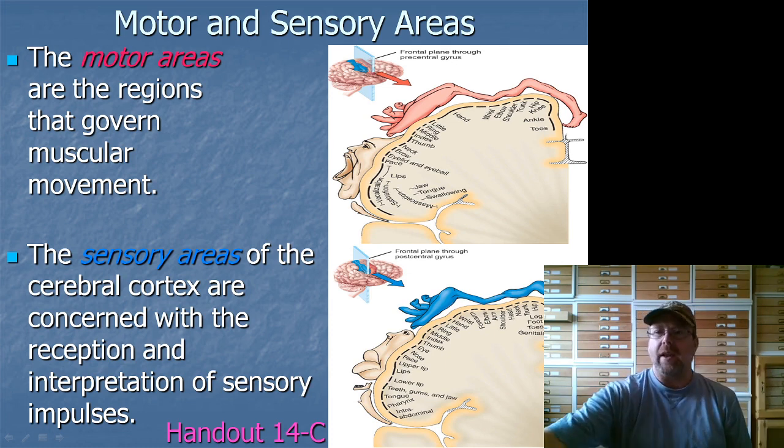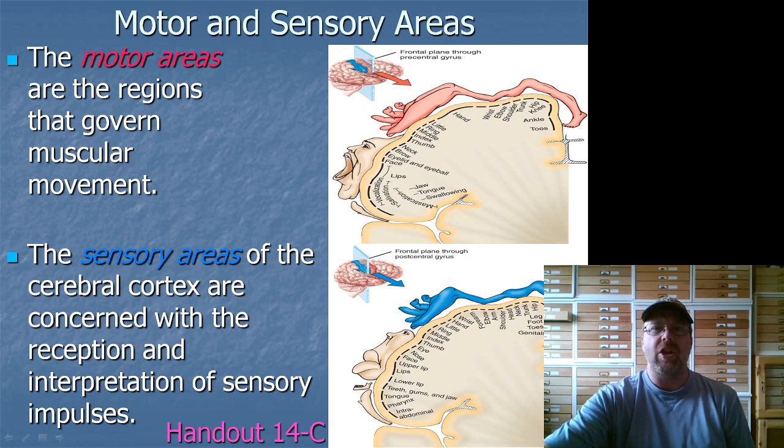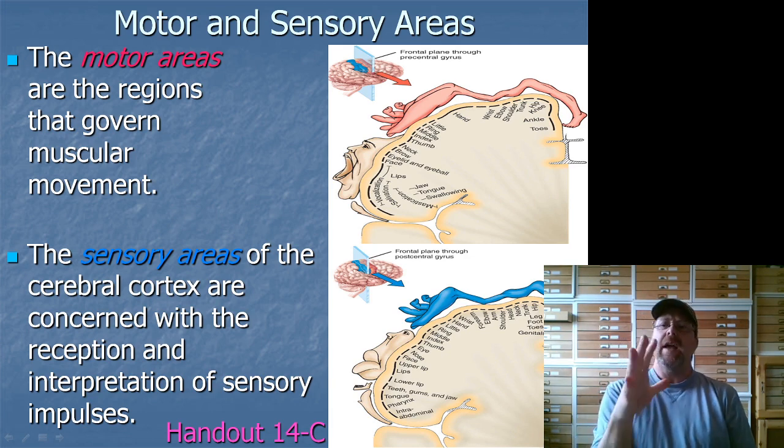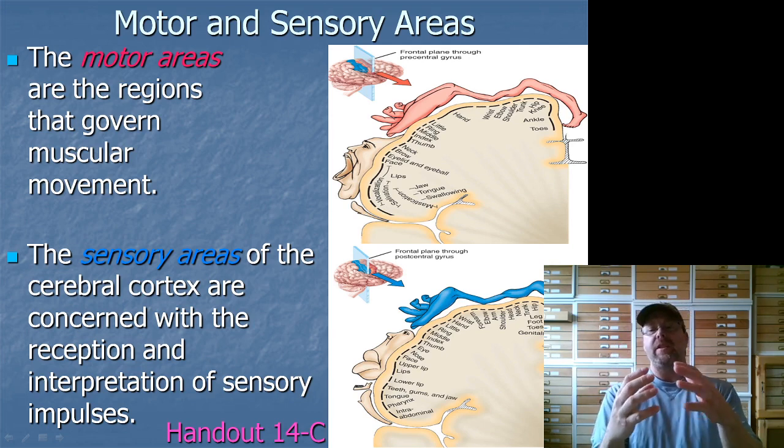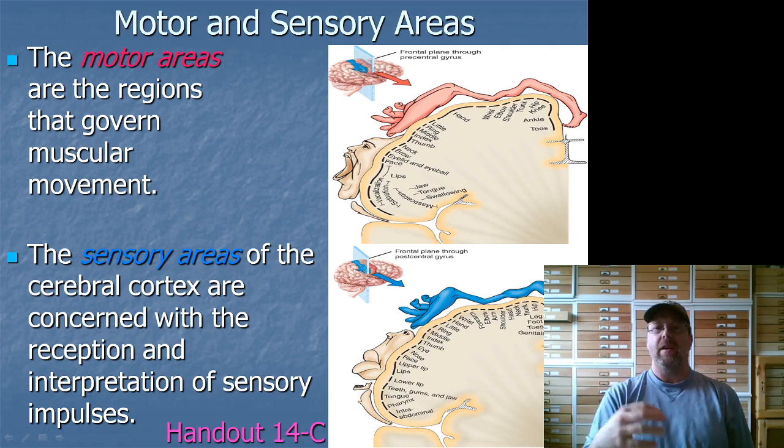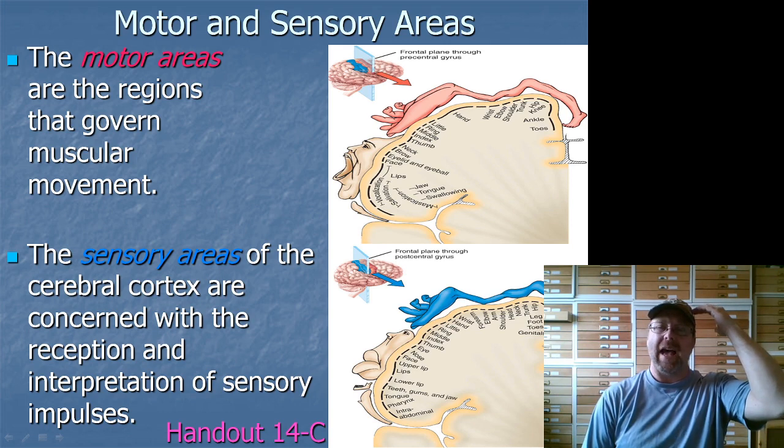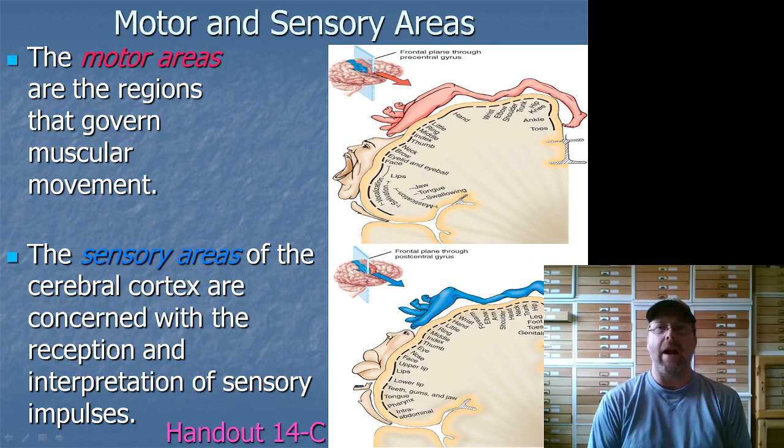So we could look at it and say, okay, it's left side precentral gyrus if it's affecting my right hand. If I'm having trouble moving my right hand, we know that that's the precentral gyrus. If the person is having trouble feeling their right hand, that would be the left side of the postcentral gyrus. Pretty cool how this works.